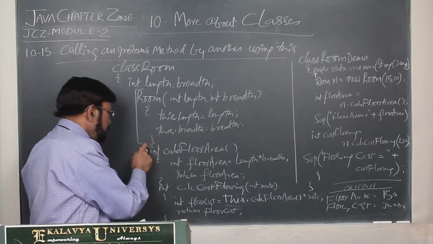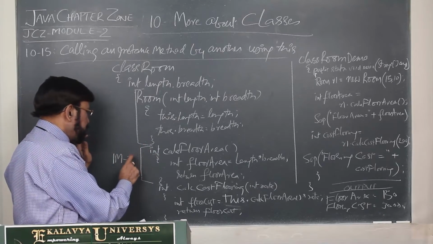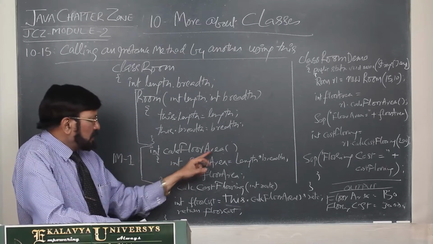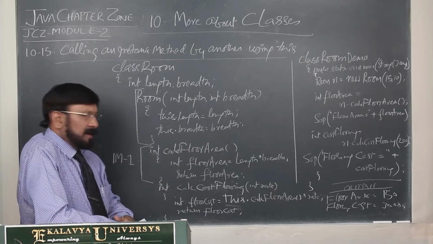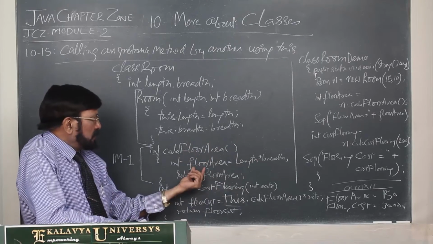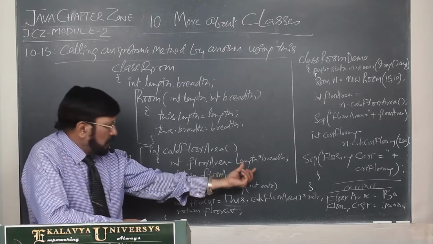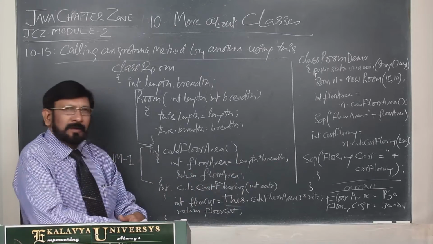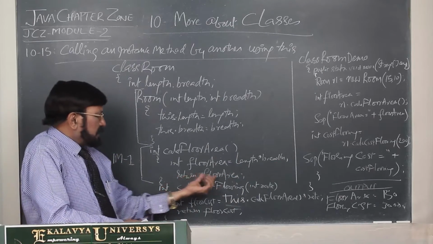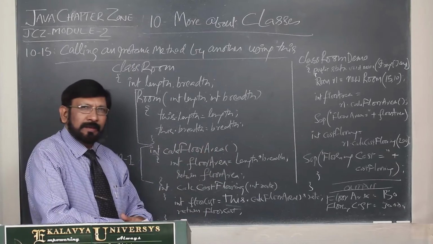Thereafter, the first instance method is calculateFloorArea. You know the formula, length into breadth. Floor area is a local variable: floorArea is equal to length into breadth. Thereafter, we are returning floorArea. That is the task of this method.